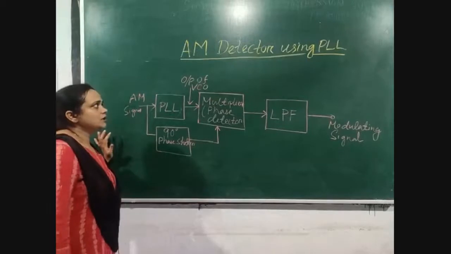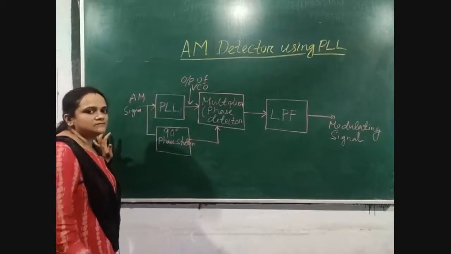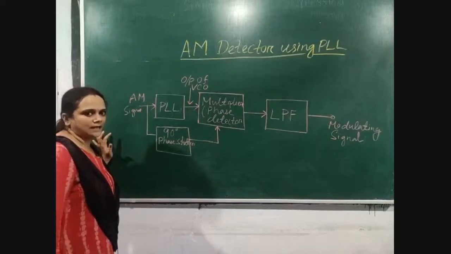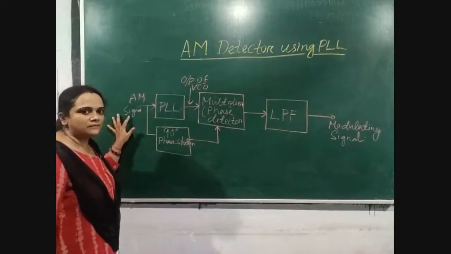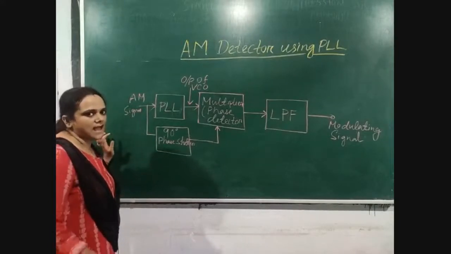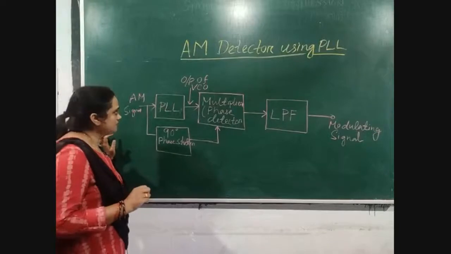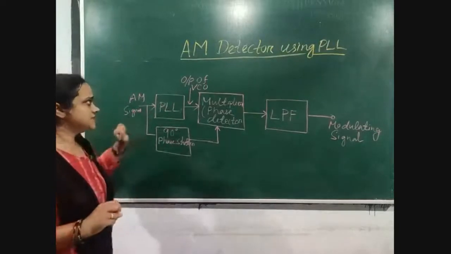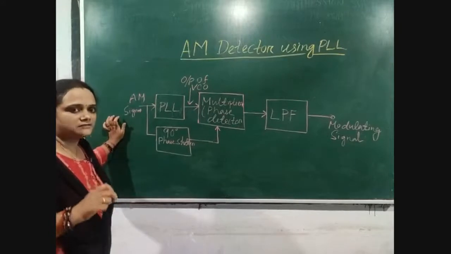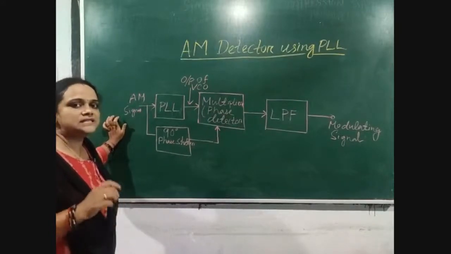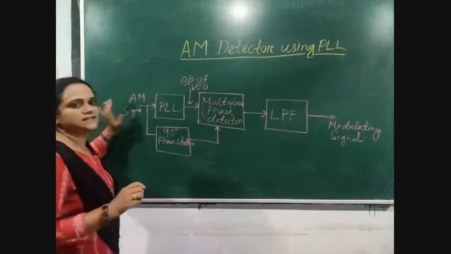But the VCO in phase lock state gives an unmodulated carrier, but the incoming signal, means the amplitude modulated signal, has a modulated carrier signal, because the VCO in the phase lock state always gives a signal which is 90 degree out of phase with the incoming signal.